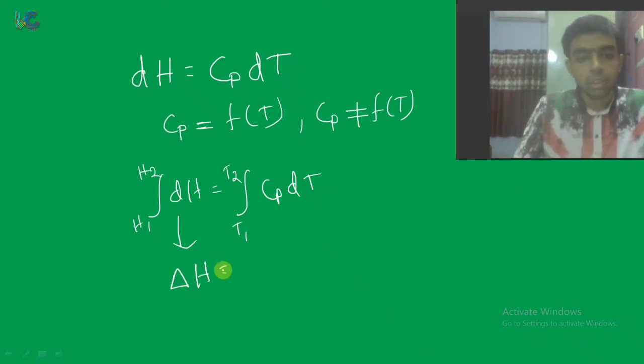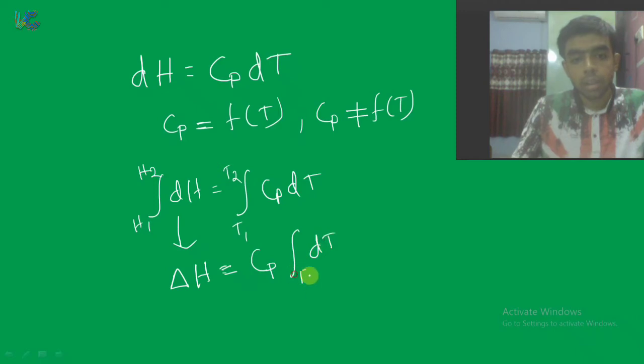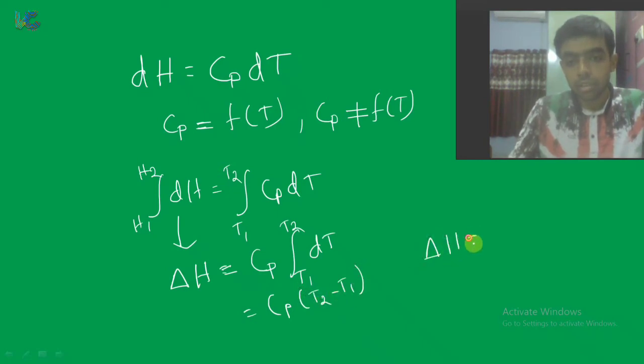On this side, Cp is not a function of T, so you can write Cp outside the integration sign, and then the integration of dT from T1 to T2 gives delta H equal to Cp into T2 minus T1.